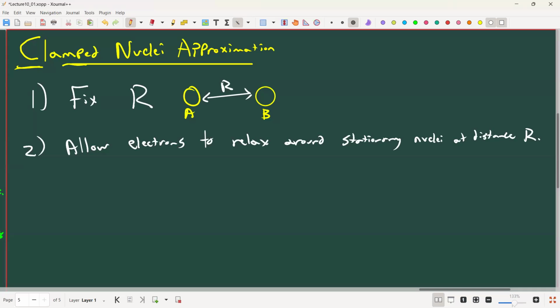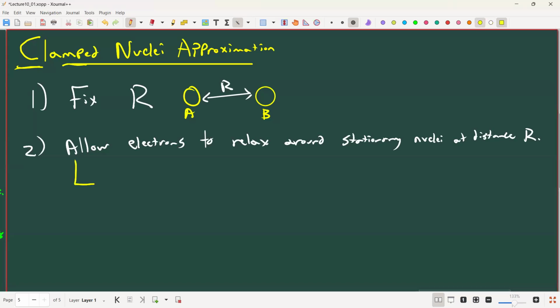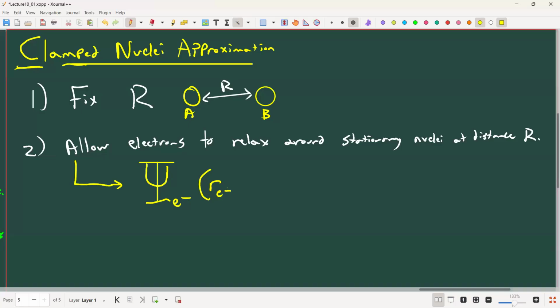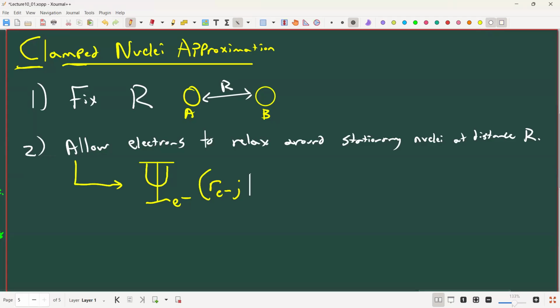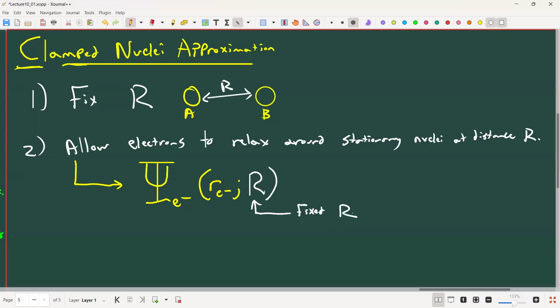So what you get out of that is a wave function for the electrons. That is a function of the electron coordinates, however many there are, but it's defined at a specific value of R. So I have a wave function for my electrons at every value of R, and I can get the electronic energy out.